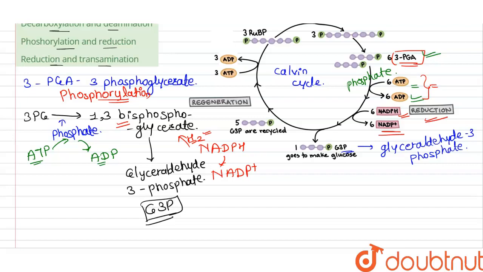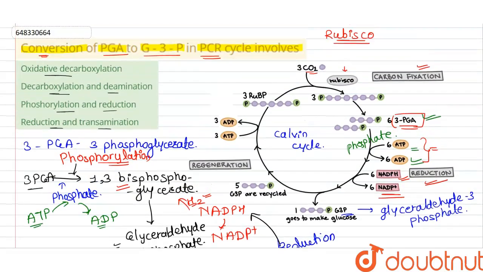Here we have 3-PGA, and this 3-PGA converts into 1,3-bisphosphoglycerate with the help of phosphorylation. After that, this 1,3-bisphosphoglycerate converts into glyceraldehyde 3-phosphate with the help of reduction. So two processes take place here.